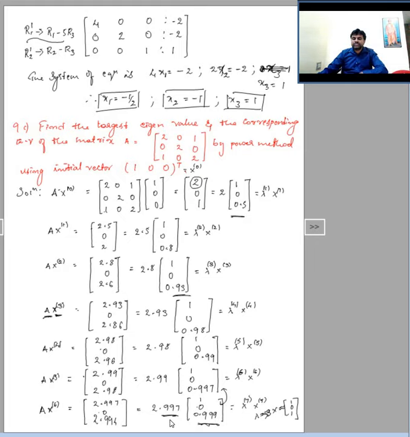Therefore, I can say that these two values are the largest eigenvalue and largest eigenvector. So the largest approximate eigenvalue is 3 and the eigenvector is 1, 0, 1, as the value is nearest to 1, so I am rounding it off to 1. I have written this. This is the way of finding eigenvalue and eigenvector.